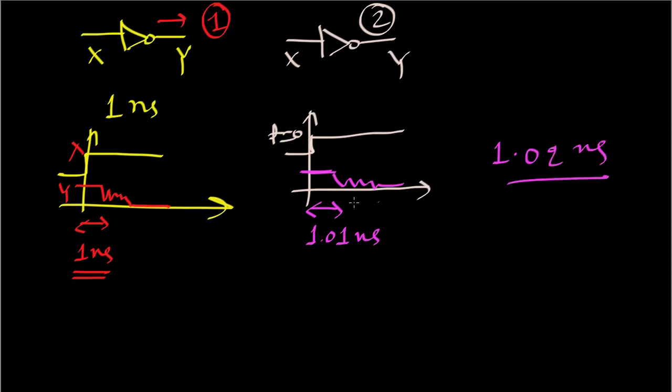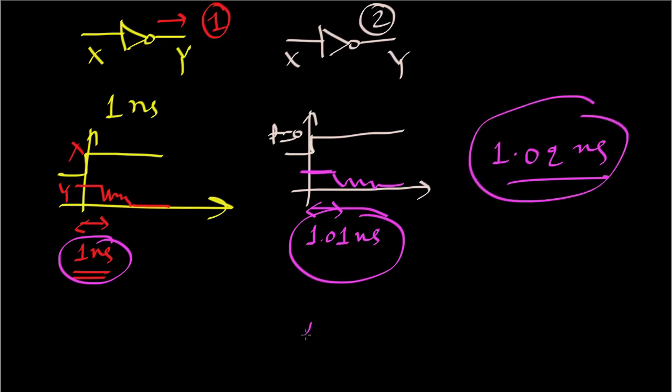Okay, so in this fashion all the NOT gates which we have manufactured might be different in terms of time. Now once the manufacturer is sending all these NOT gates to the vendors which are buying them, the manufacturer is saying that, look, I'm sending you these NOT gates which have different characteristics, but one thing I'm sure of is that no NOT gate's output will start changing before 1 nanosecond, because all the NOT gates take at least 1 nanosecond.